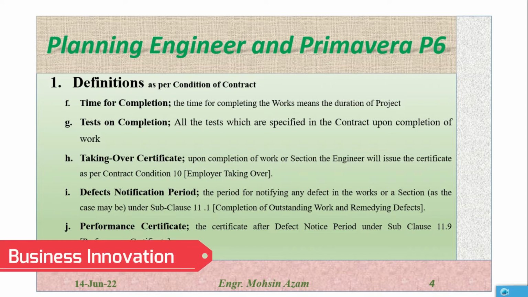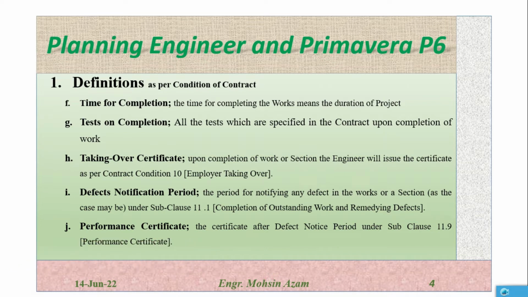So any defect in this duration will be upon the contractor. So all the remedial action will be fully the responsibility of the contractor. So defect notice period is a duration specified in the contract in which all the defects or the remedy of the defects will be upon the contractor.